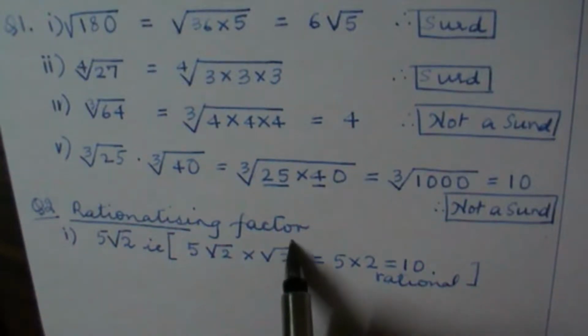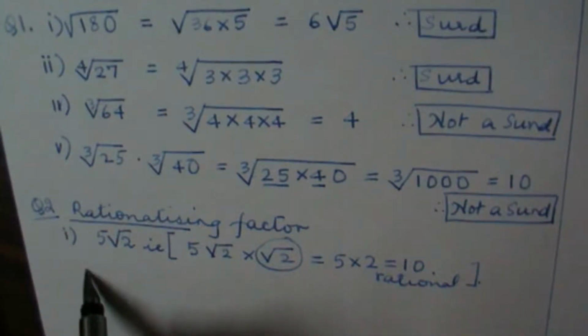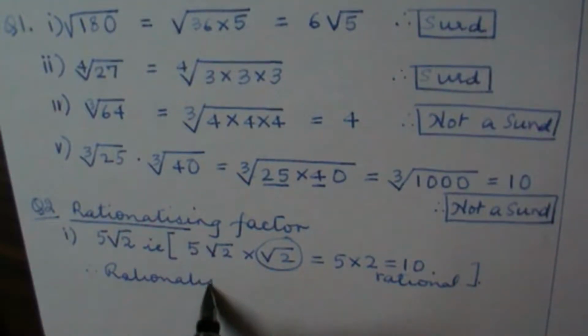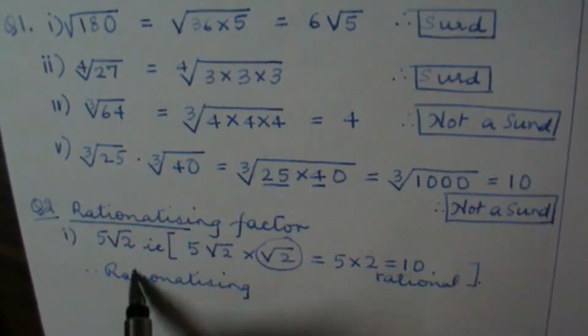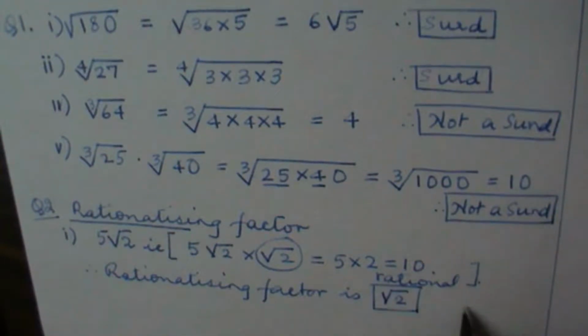So what did I multiply it with? Of course, this I put in bracket because this is a thinking step. So I will say therefore rationalizing factor is root 2. And that is my answer.